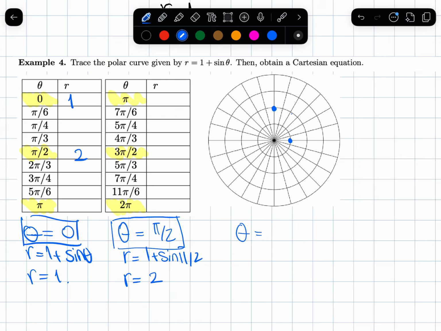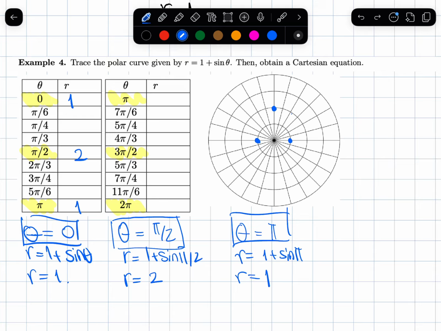Theta equals pi first, correct? r equals 1 plus sine pi. The sine of pi is 0, so r is 1. That's another one. I'm looking straight to the left here. My angle is pi. So it's not going to loop out this way. It's looking like it's going to do this somehow.